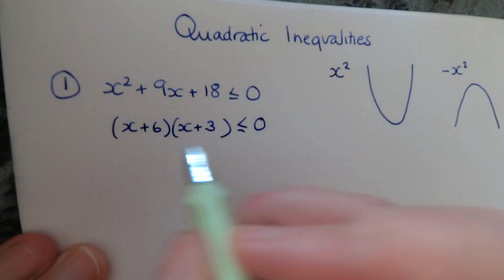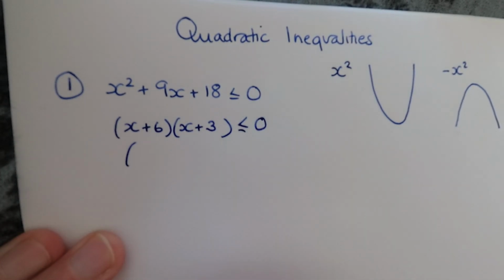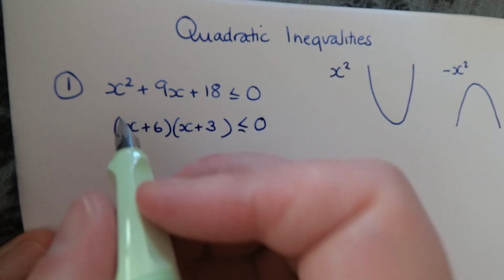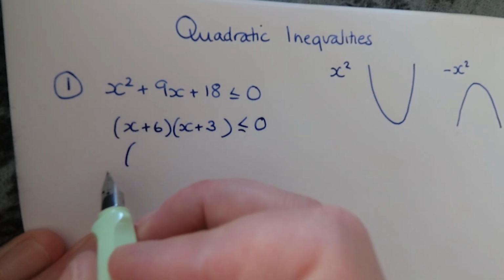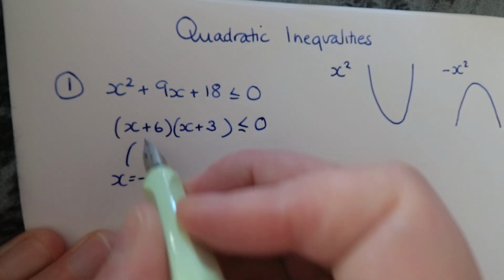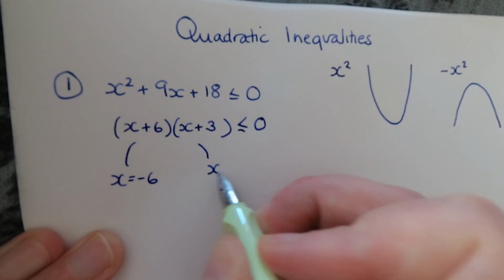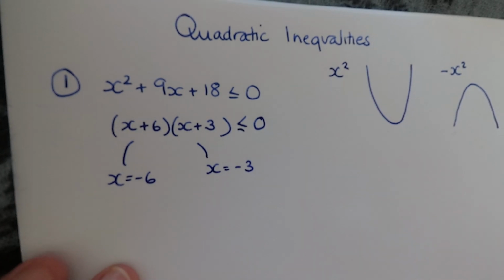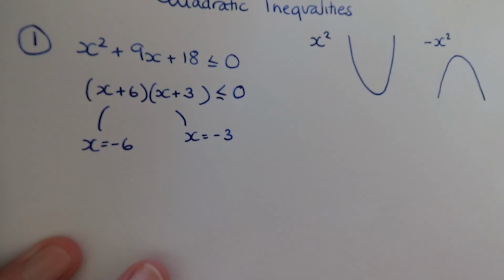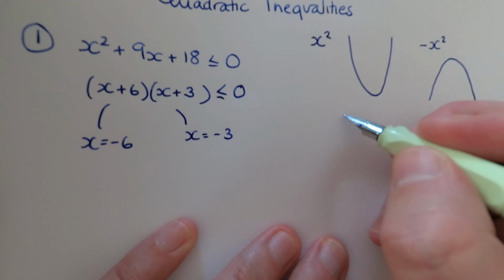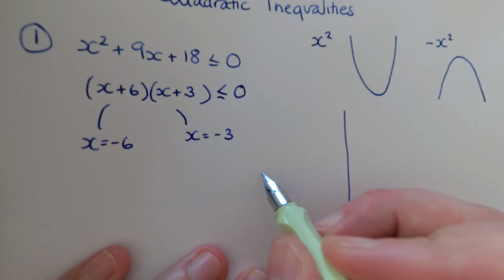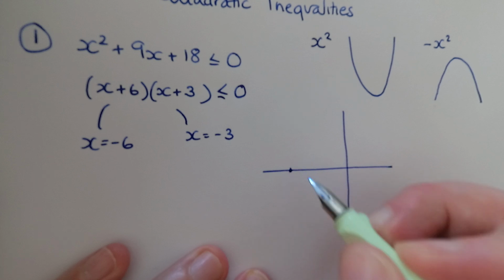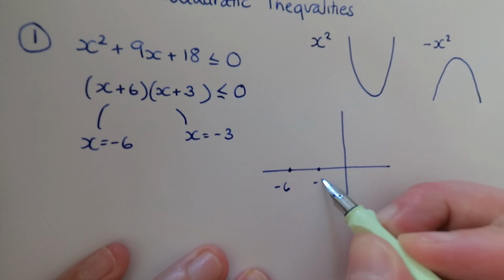Now what this means for this graph is that the graph cuts the x-axis when x equals minus 6 and when x equals minus 3. So if we were to sketch this graph, quite simply, we've got minus 6, minus 3.